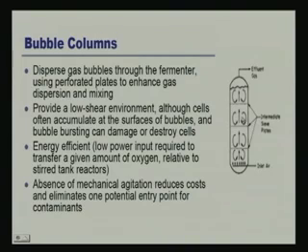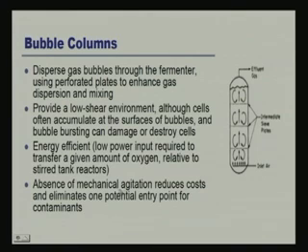So, how do we satisfy the oxygen demand of these cells? This is one of the techniques. Through purging the air, we satisfy the oxygen demand of the cells. Energy efficiency is high, that is, low power input is required to transfer a given amount of oxygen relative to stirred tank reactors.